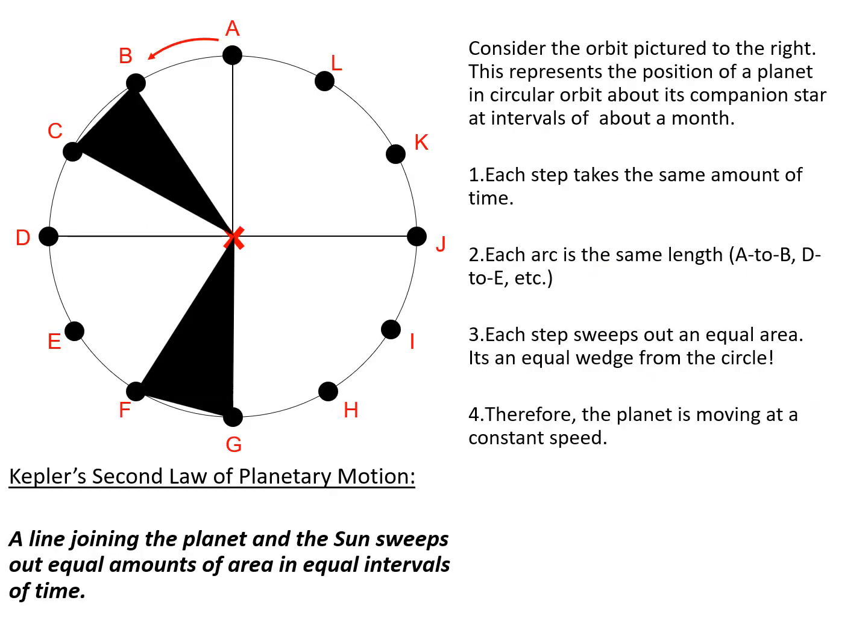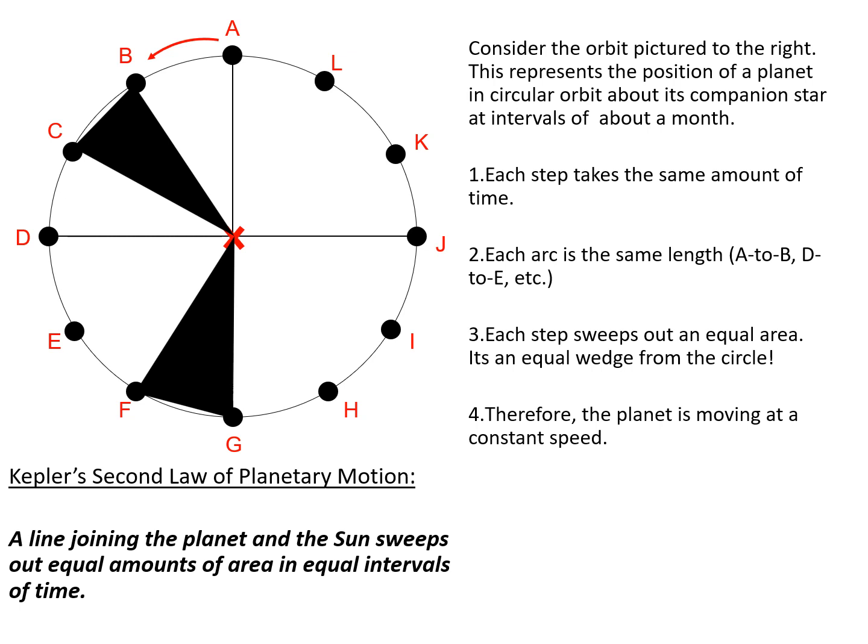Since this is a somewhat artificial geometric description, a line joining the planet and the Sun sweeps out equal amounts of area in equal intervals of time, we can do an example here. So for instance, if we sweep from B to C, and where each of these steps is, say, a month interval, the area swept out from B to C is this white wedge as given. And if we compare this to some other 1-month interval, F to G for instance, the area swept out by that line is the same.